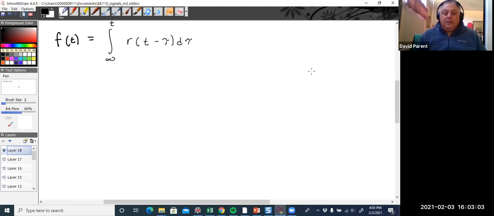Right, so one, the integral of u(t) as a function of time is ramp t. And the derivative of ramp t is u(t), the derivative of u(t) is delta.